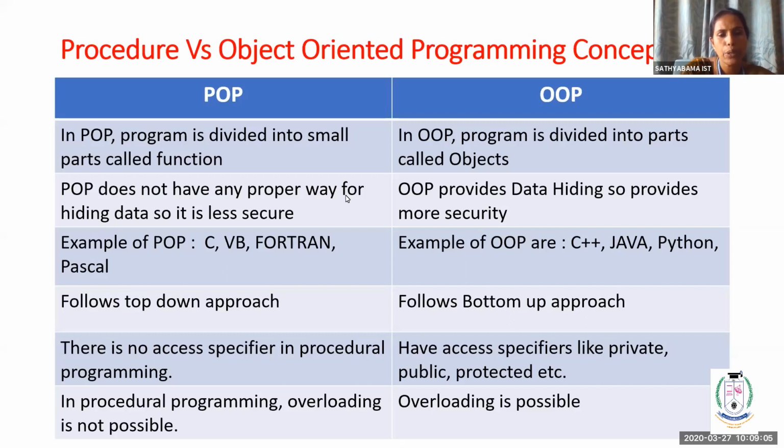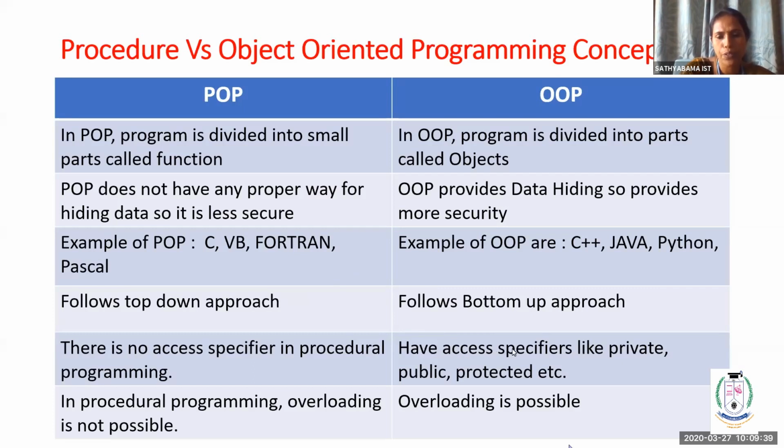By that time, you can say that even though many supportive and major functions can be included in object-oriented programming, still the major difference between POP and object-oriented programming is in terms of security only. There is less data security in procedure-oriented programming, but that can be implemented in object-oriented programming in terms of data hiding.